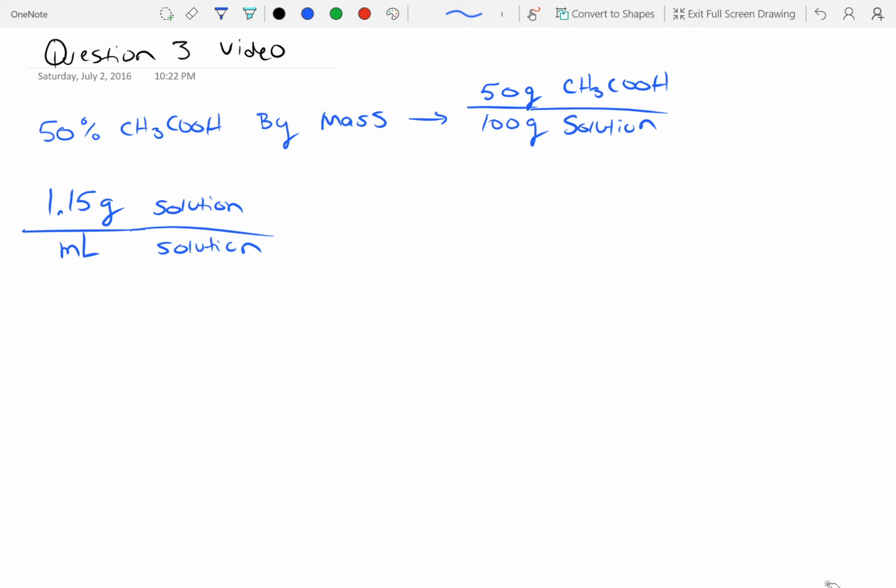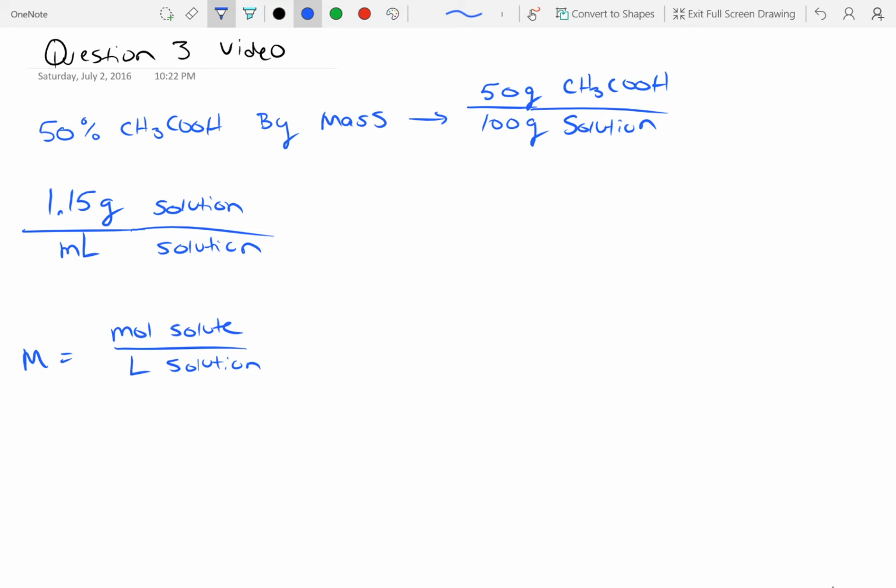The last part of the question tells us to calculate the molarity of the solution. Molarity is equal to moles of solute over liters of solution.